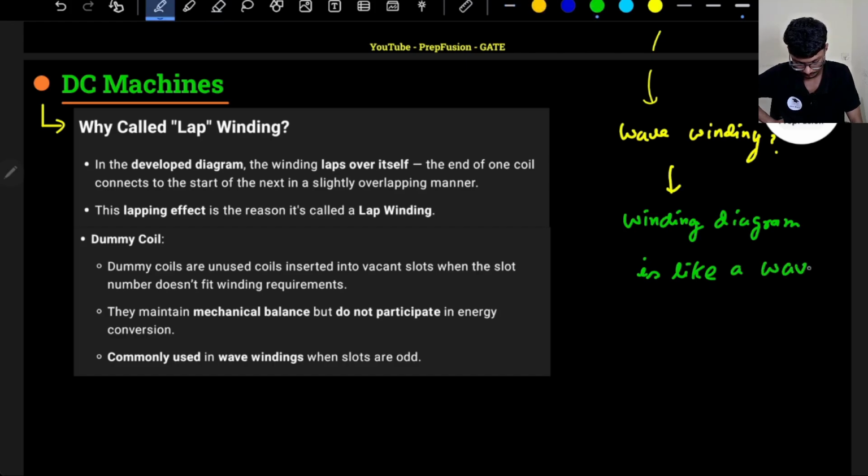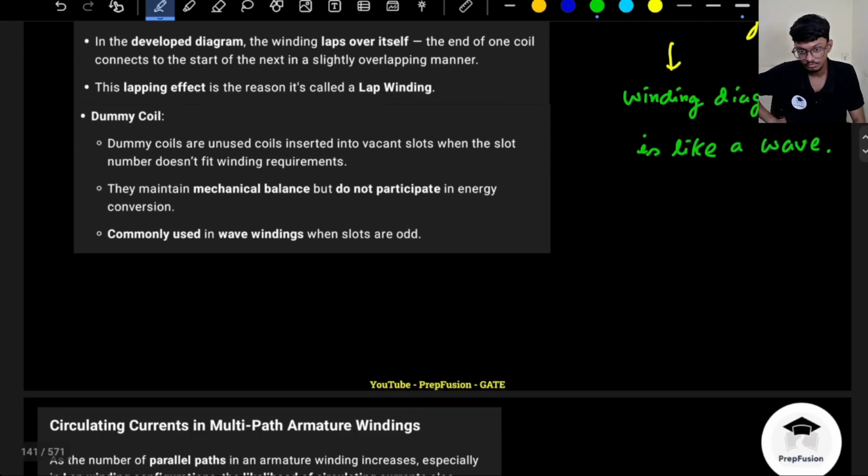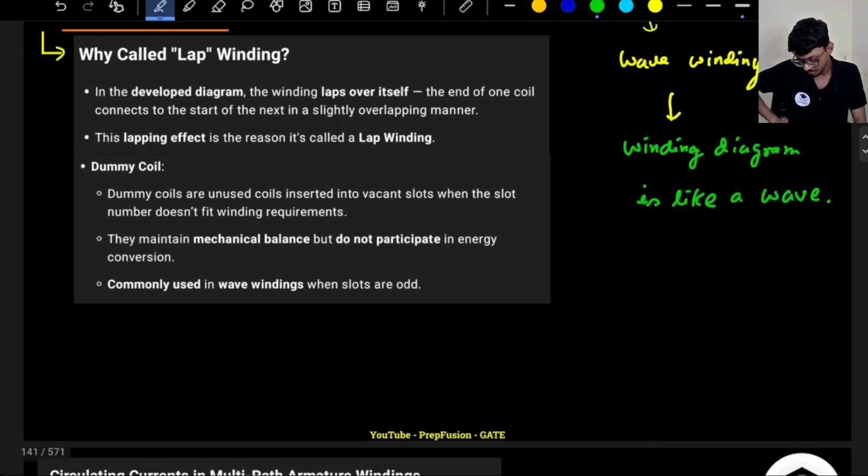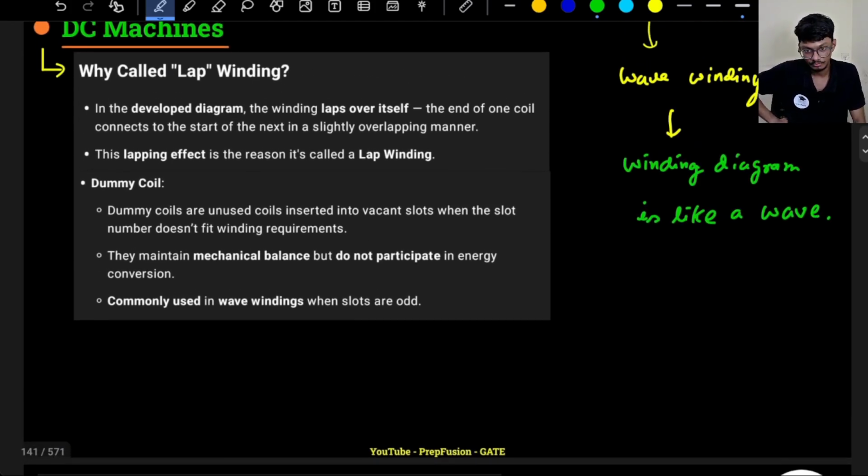So I hope you have understood this particular thing, what is lap winding, what is wave winding.